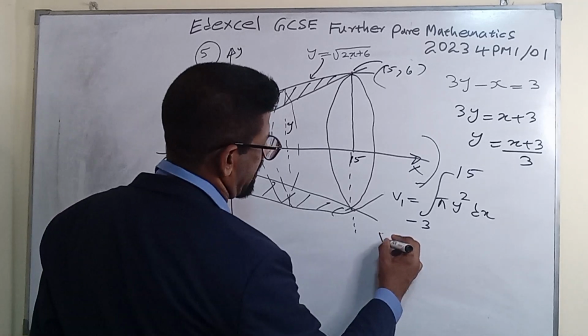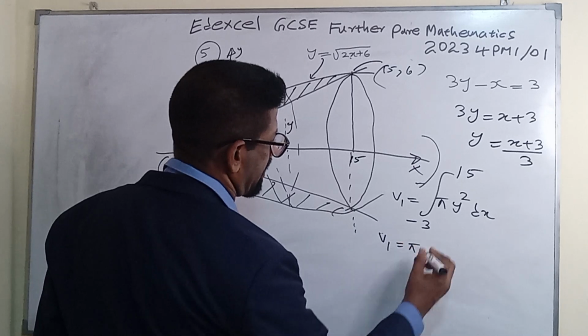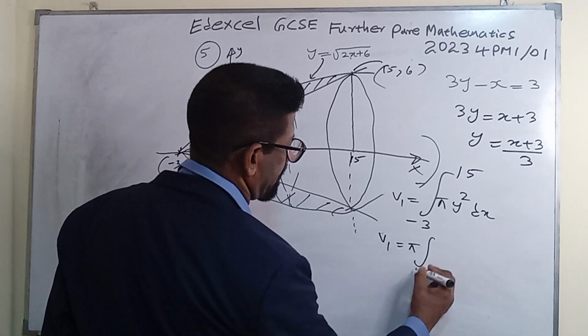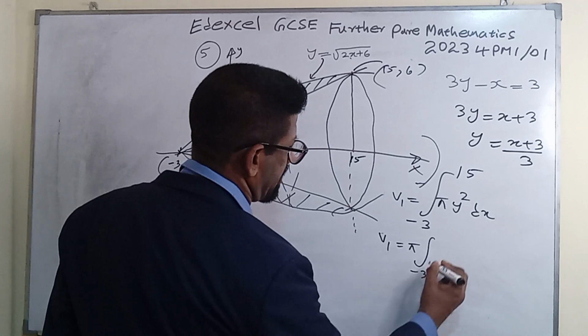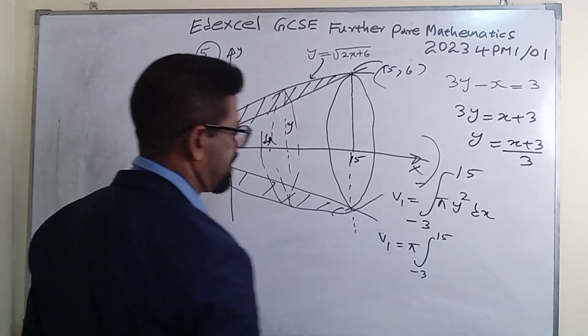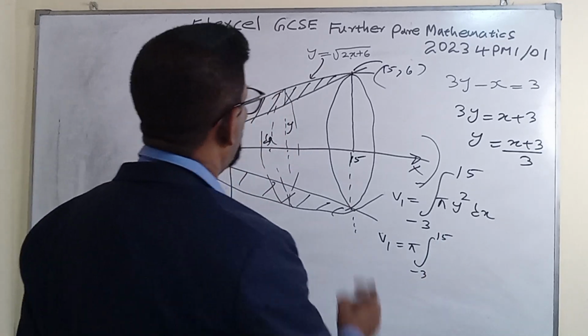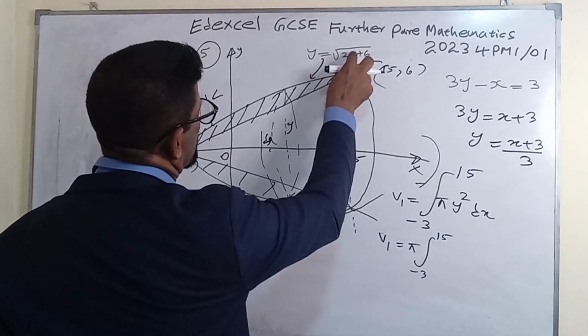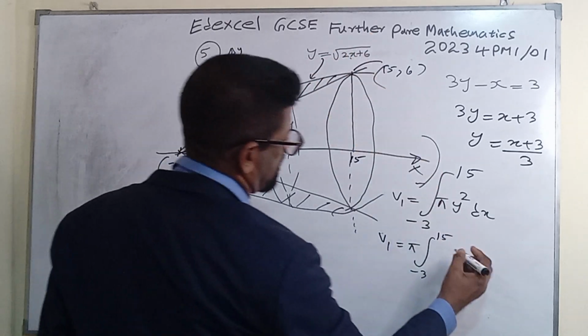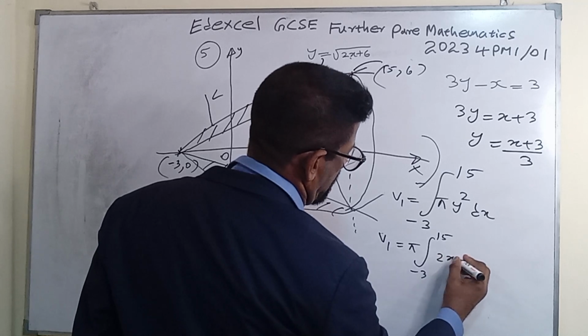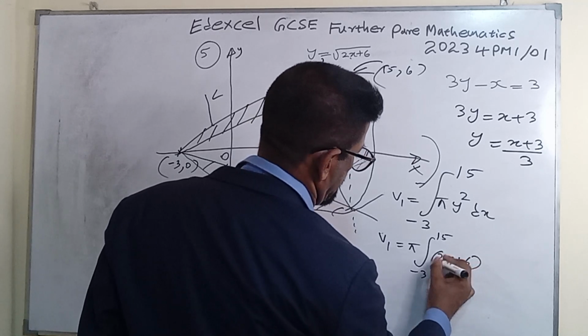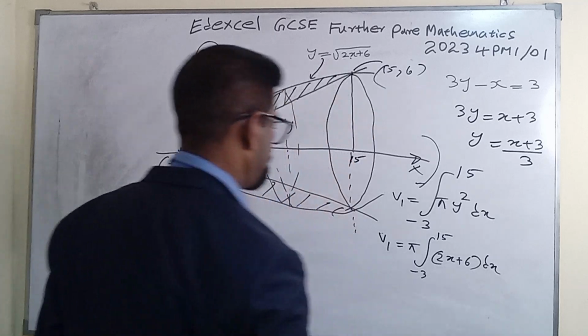So V1 equals pi, integral from minus 3 to 15 of y squared, which is 2x plus 6, dx.